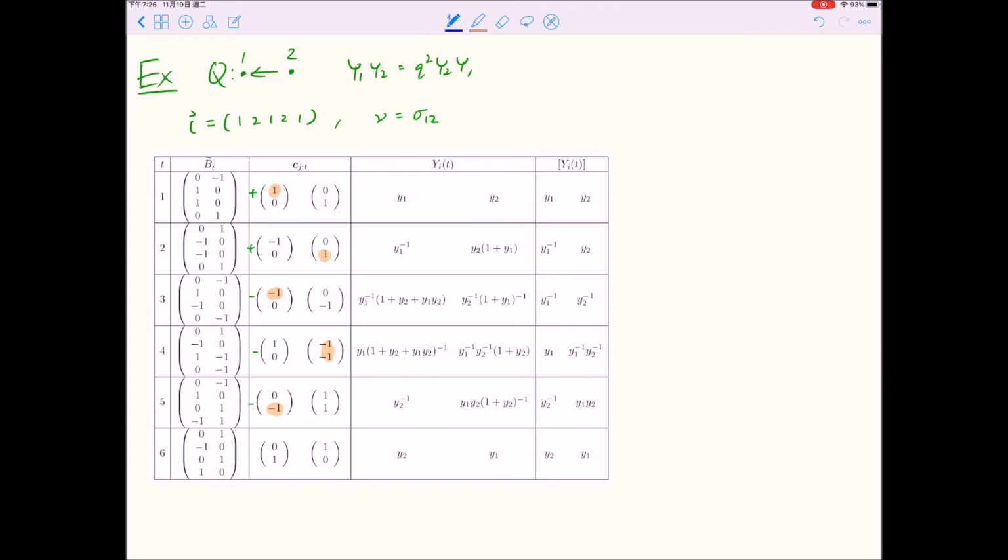Then the identity will become: the first one is y to the (1, 0), so it's just y1. And the second one is y to the (0, 1), so it's y2. And then we have y to the (minus 1, 0), so it's y1 inverse. But remember, we also have to multiply it by the sign. So y1 inverse is just y1, but you have inverse here for the sign.